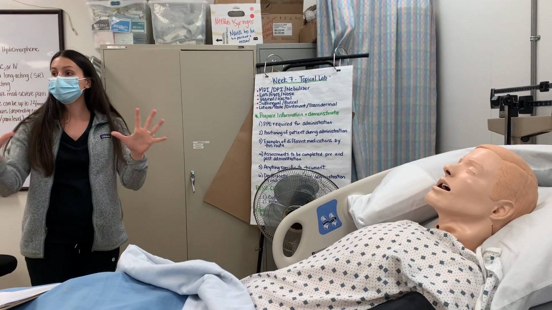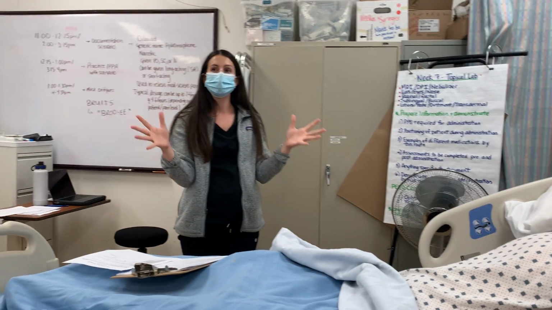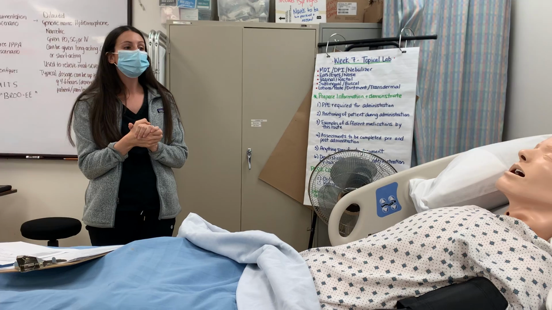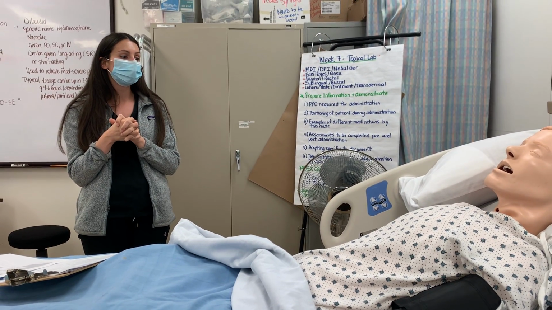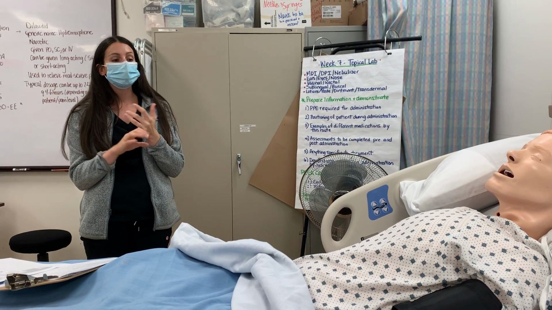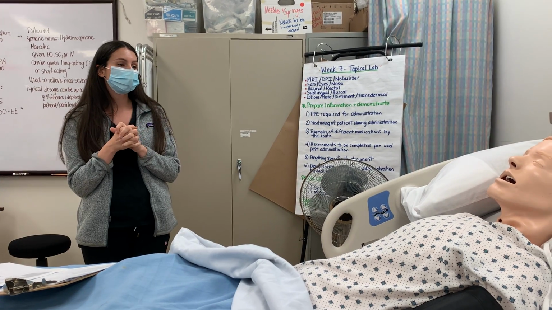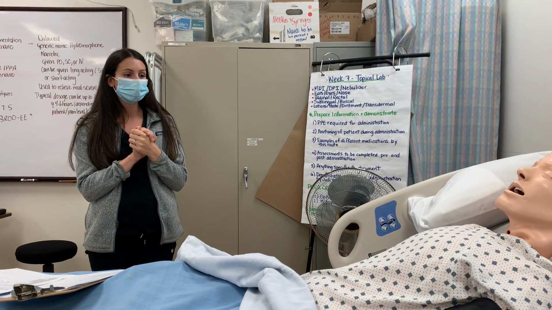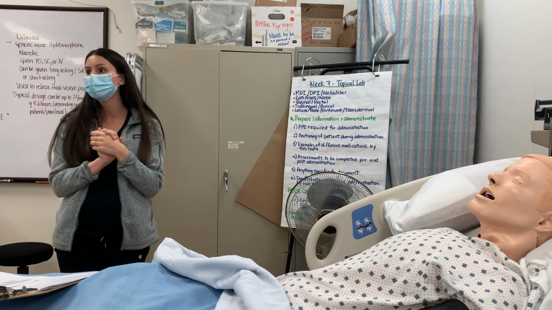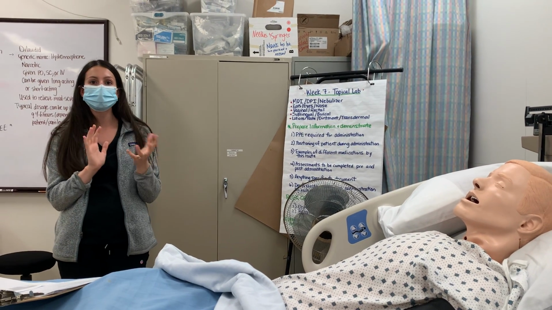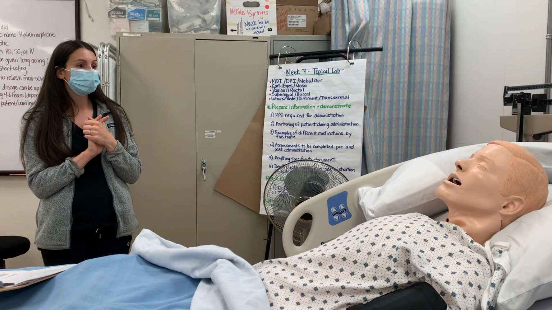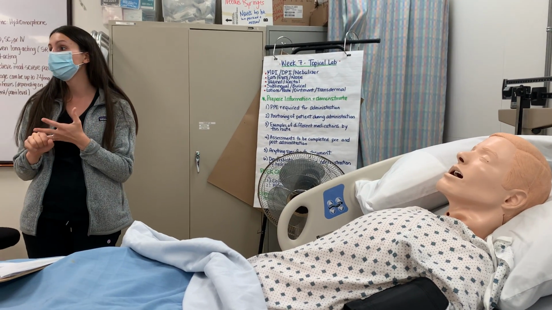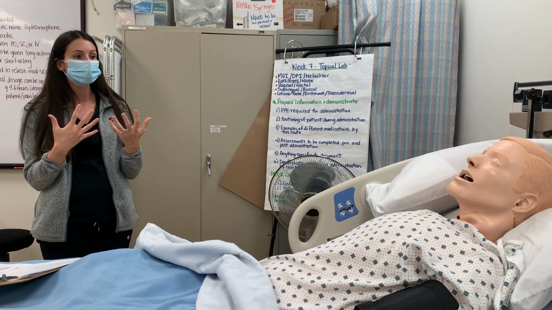So it's just a general survey. Technically I should be stepping back. In terms of physical appearance, I'm looking at my patient. I see that their appearance is appropriate for their stated age, and their height and weight are proportional. In terms of behavior, I see that my patient is cooperative and alert, and they're maintaining good eye contact.